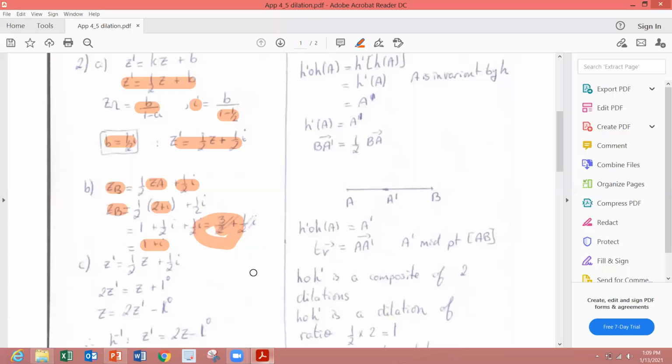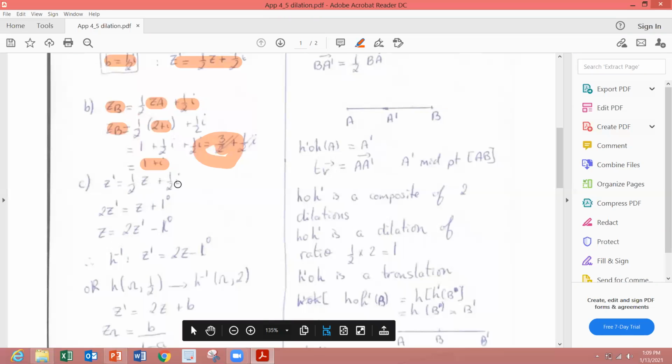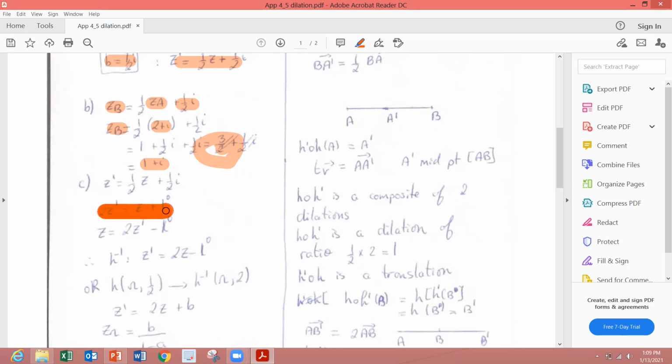The first method. هيدا Z prime equal half Z plus half I. To find the inverse I calculate Z in terms of Z prime. I multiply by 2 بصير 2Z prime equal Z plus I. So Z equal 2Z prime minus I. This is the inverse.